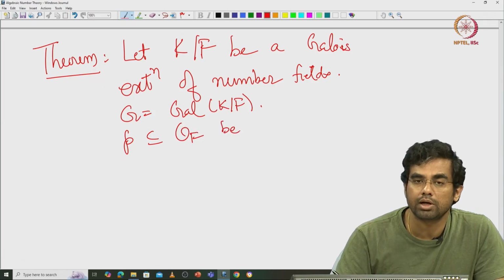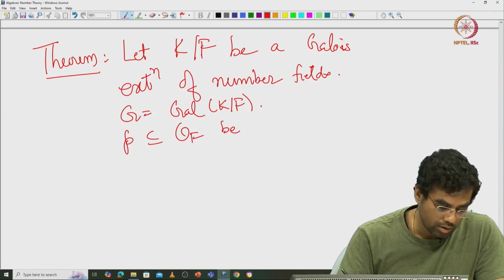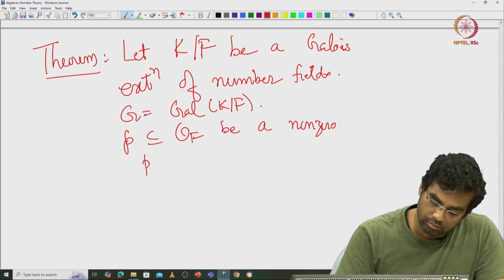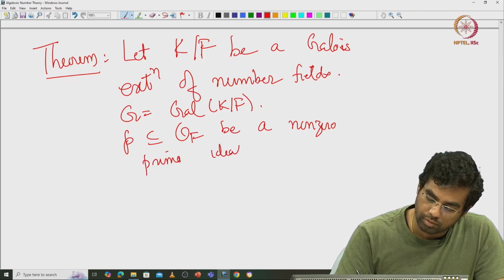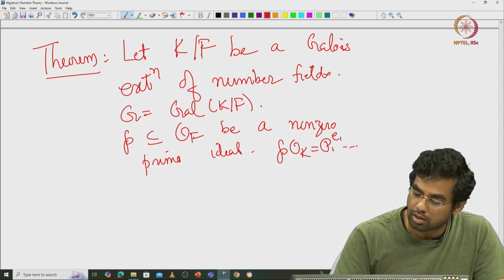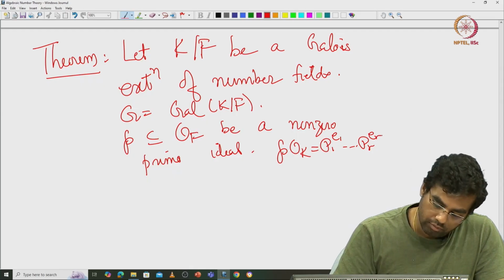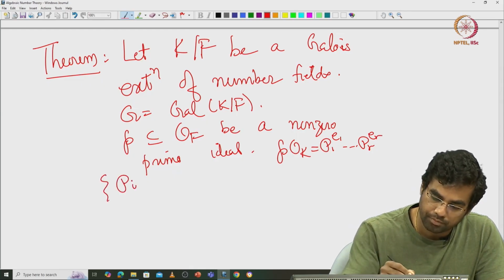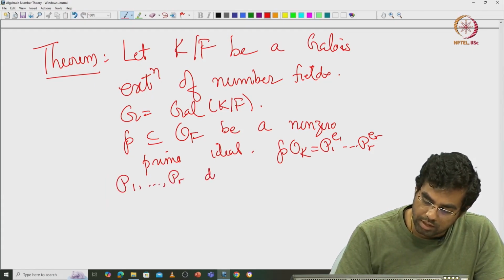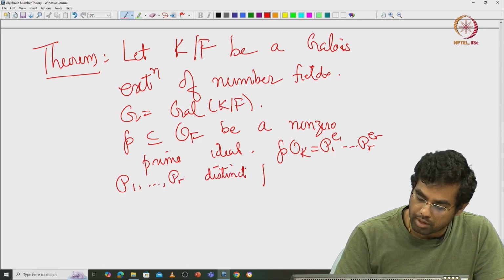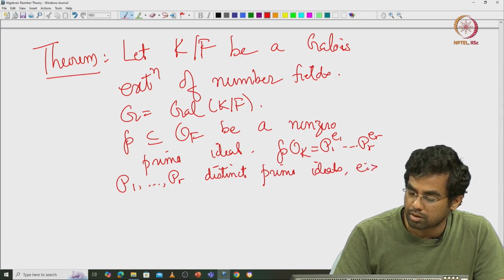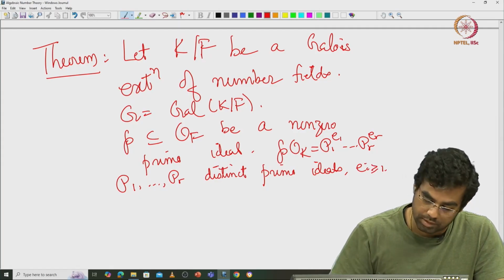The notation is as above, so P times O_K is P1 to the e1 up to Pr to the er, with P1 up to Pr pairwise distinct prime ideals, and e_i bigger than or equal to 1 natural numbers.